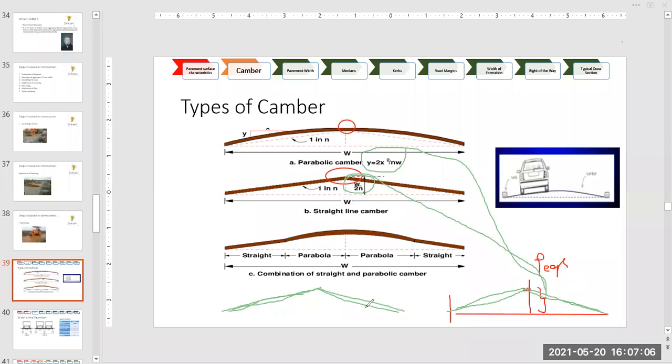So in order to calculate the crown, the first formula is y equals 2x squared by nW. No issues, I'll write it down tomorrow. You don't have to worry much. And the second is W by 2n for linear curves. So remember these formulas, where n is in both formulas, right?